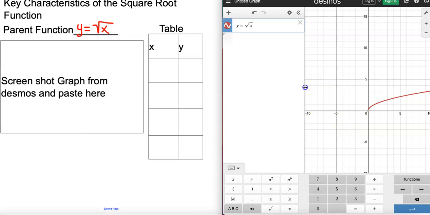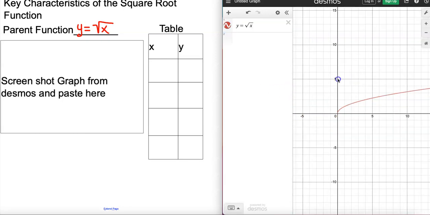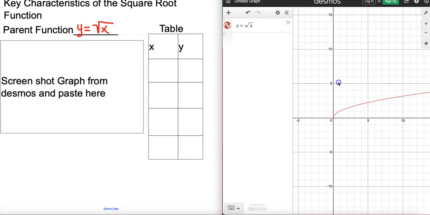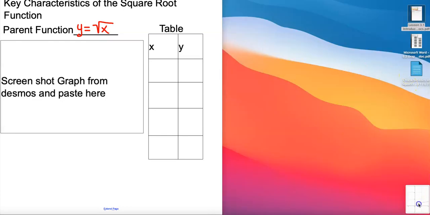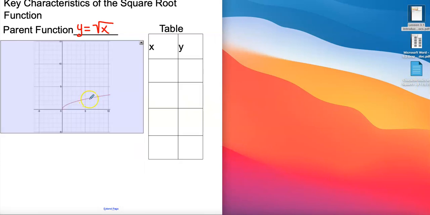Now, it says on your guided notes that you guys need to take a screenshot of this and insert that picture there. So make sure that you take a screenshot here. Let me show you. Took a screenshot, and then you're going to take that picture and insert it inside your document so that you can have it, just like I've done there.